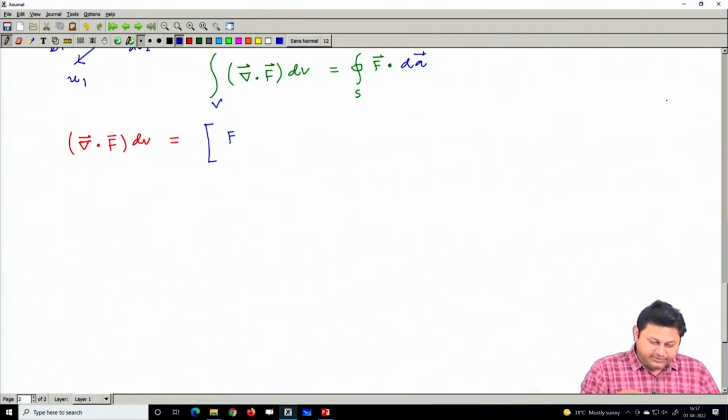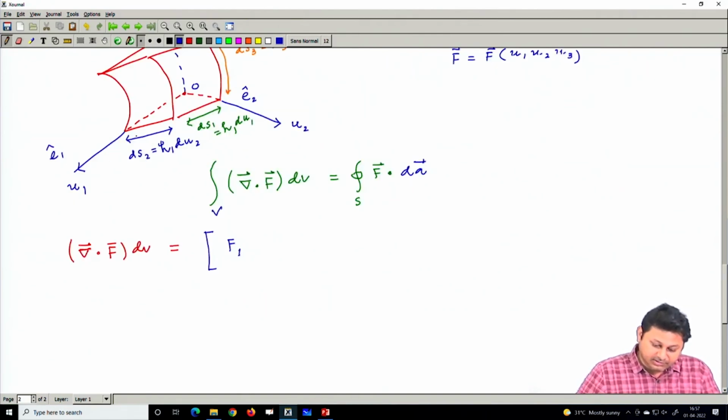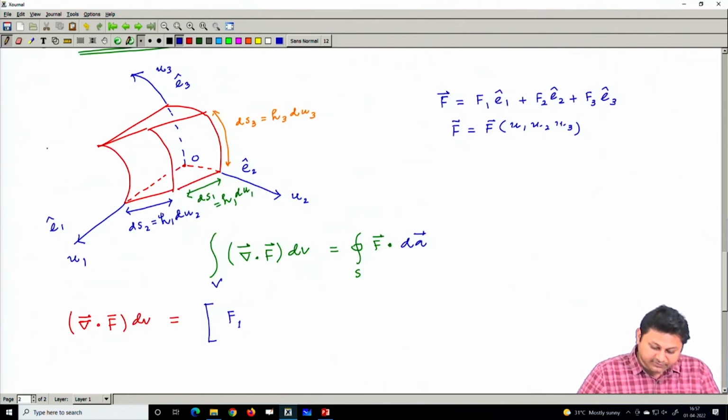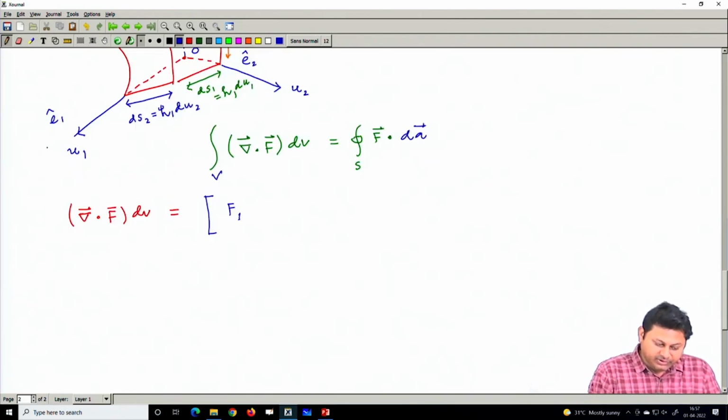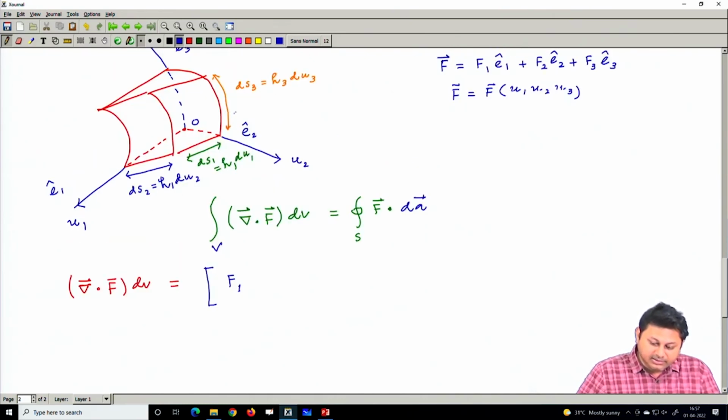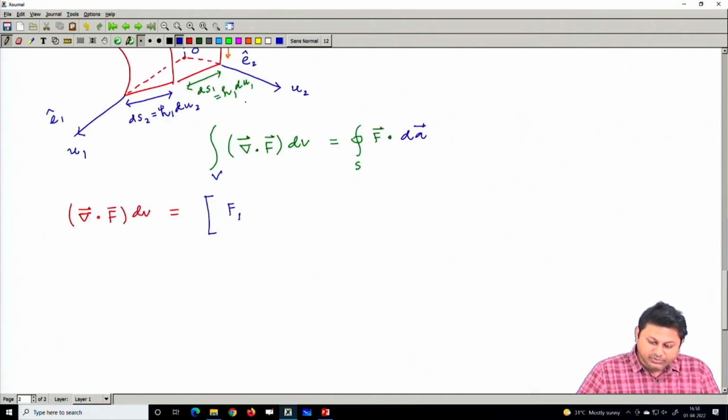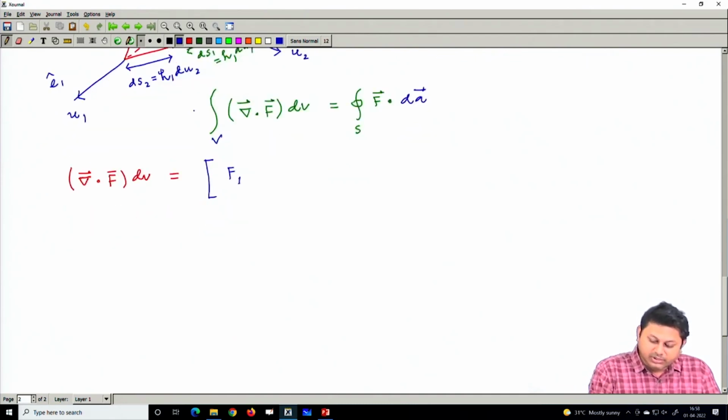Now, when you calculate the divergence for each surface, for the first surface I will have f1 along this direction. So, I will take into account this surface, whatever the surface is here. For this surface I have this length element, ds2 and ds3. That we are going to exploit, but the scaling factor is there. So, I need to calculate this with the scaling factor.